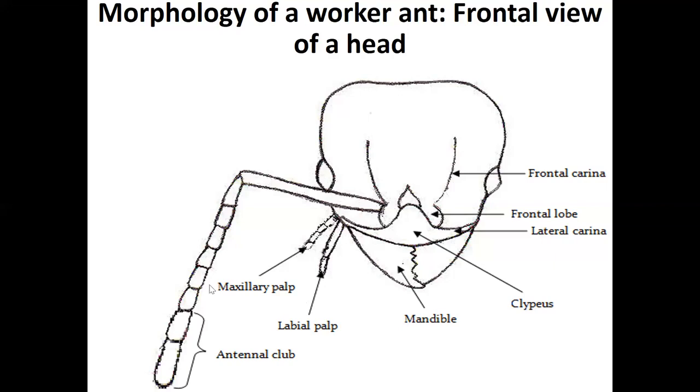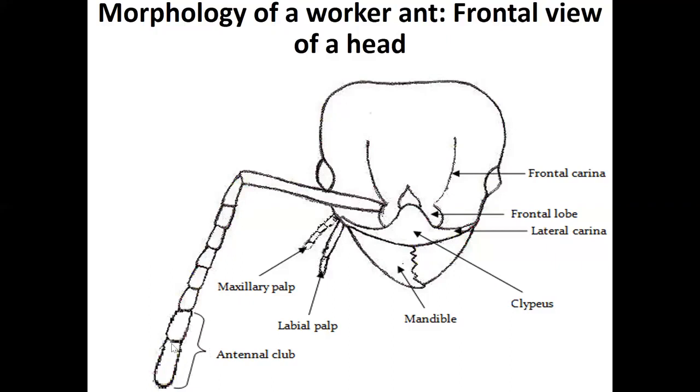This is the antenna. Usually in ants, you find geniculate antenna. Here, it's elbow shape. Geniculate means it's elbow shape. And in addition to this scape, pedicel, and these segments, apical segments of the flagellum can form a club.